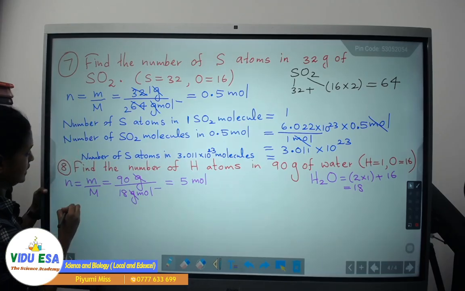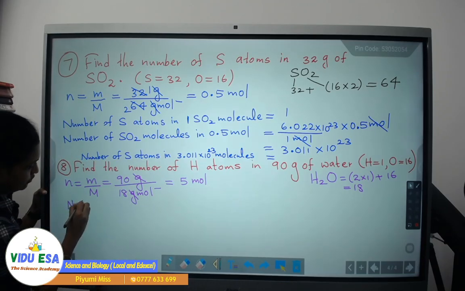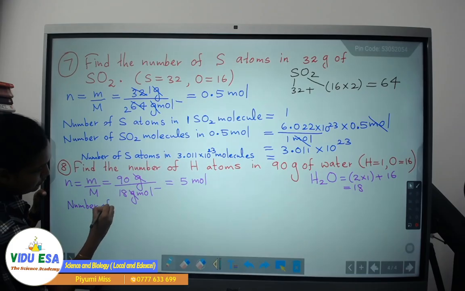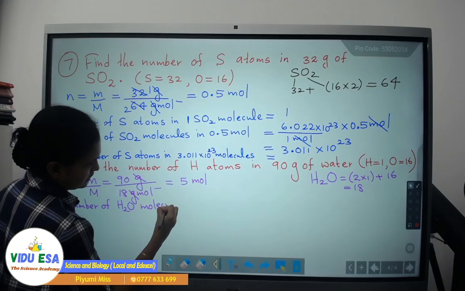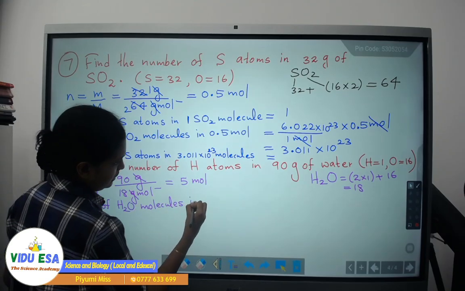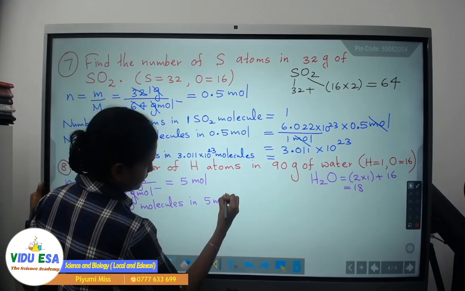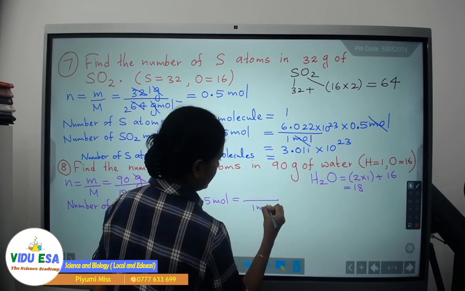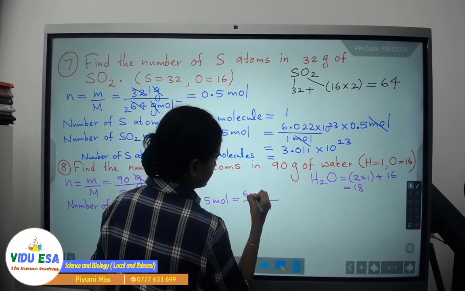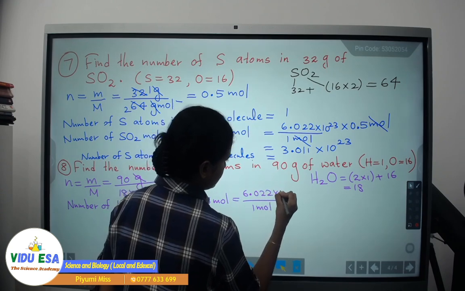So 5 moles. And we'll say number of H2O molecules in 5 moles, right? So in 1 mole, we have Avogadro constant of molecules.